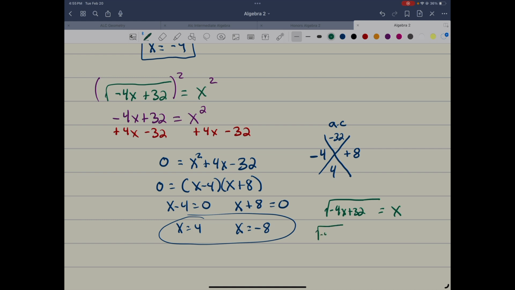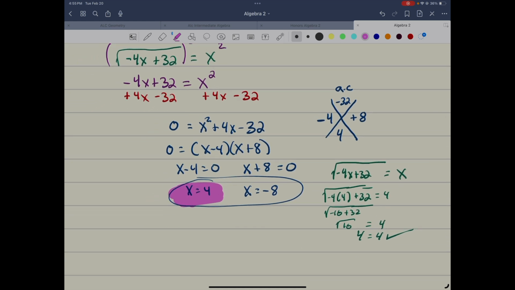So the square root of -4 times 4, plus 32, has to equal 4. So -4 times 4, that's the square root of -16 plus 32. That's the square root of 16. The square root of 16 is 4. So 4 does equal 4.